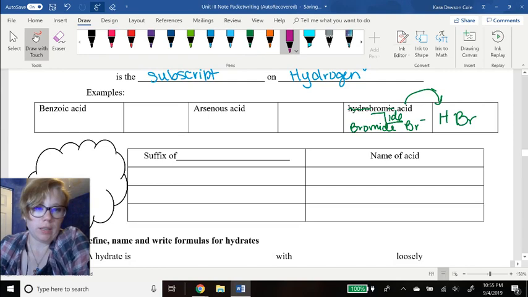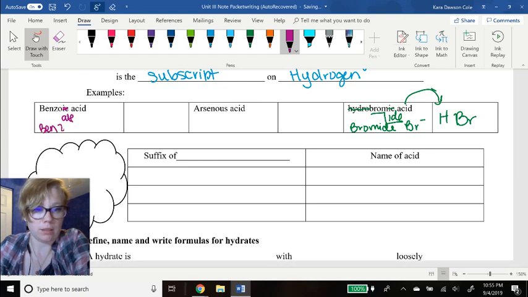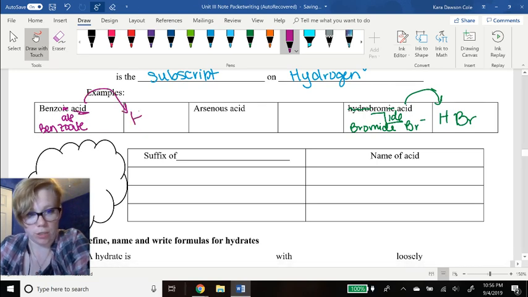Let's look at benzoic acid. I don't have hydro here, so that means it's not ide, so it goes to ate. So I've got benzoate. And I know acid stands for the fact that I have a hydrogen.